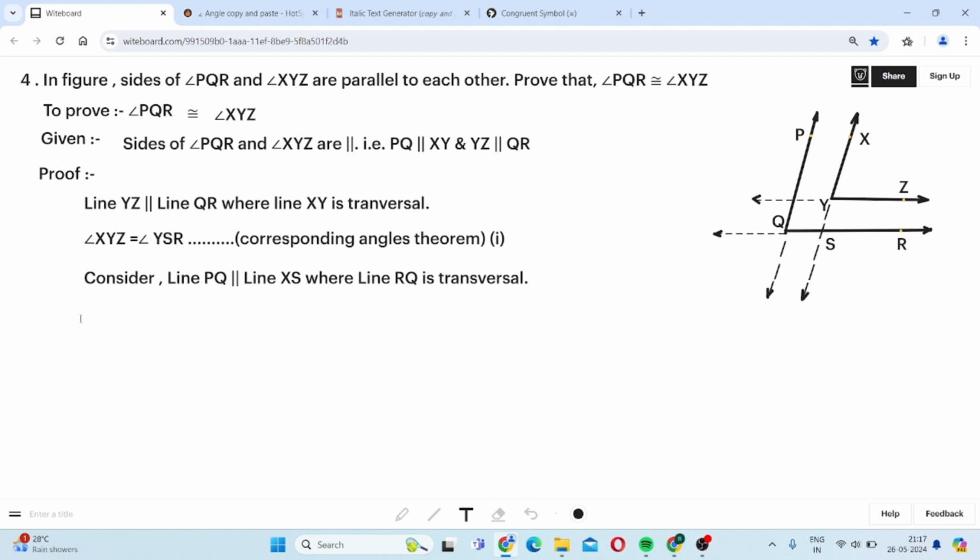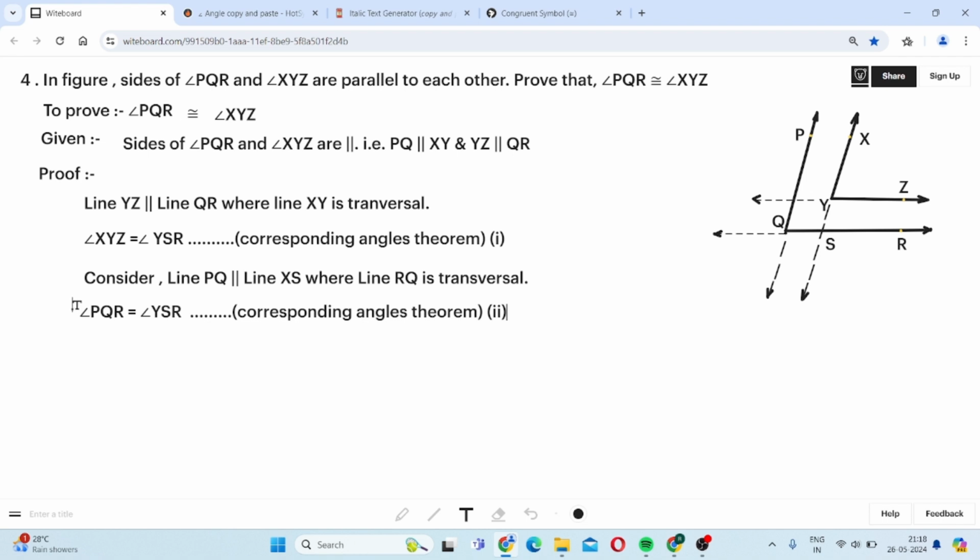Then we have angle PQR is equal to angle YSR. This is because of what? The corresponding angles theorem. This can be given as equation number 2.